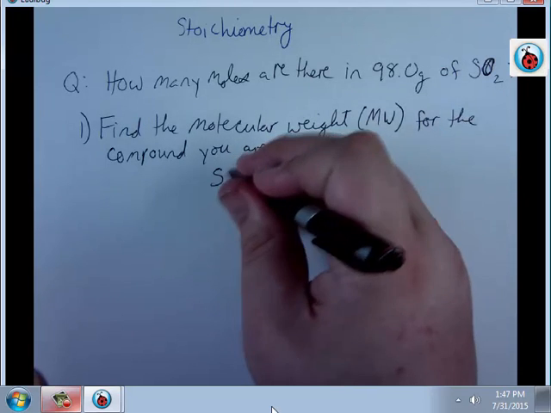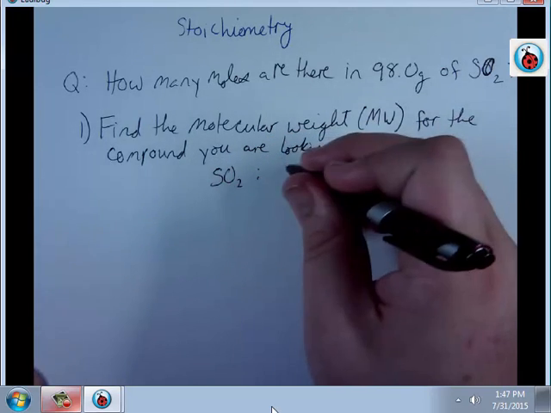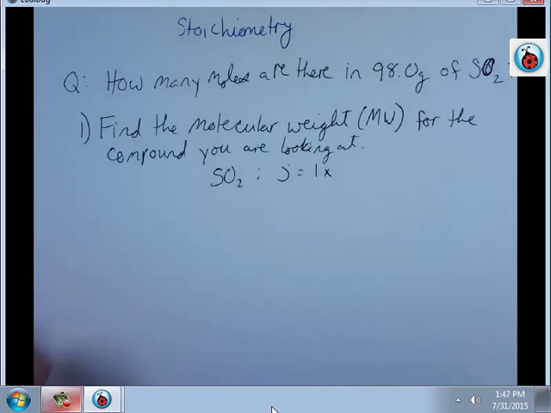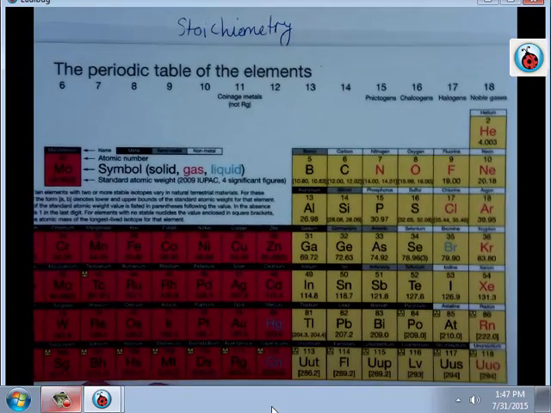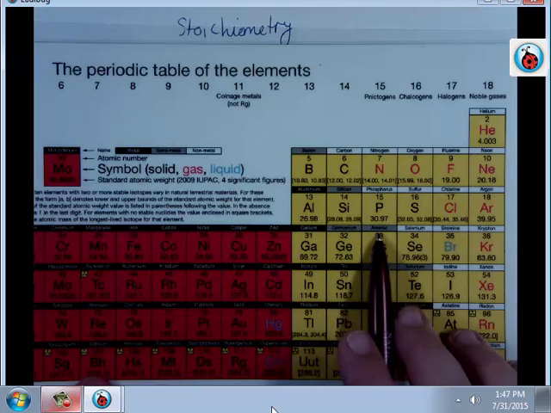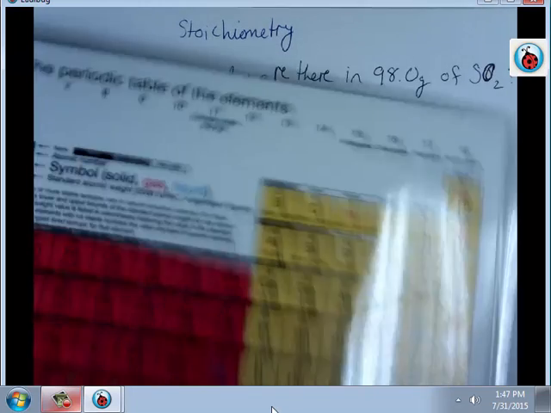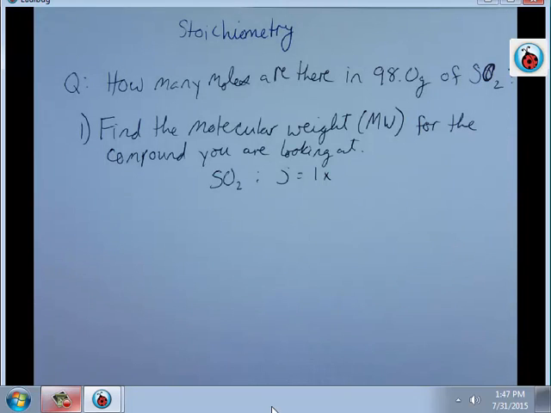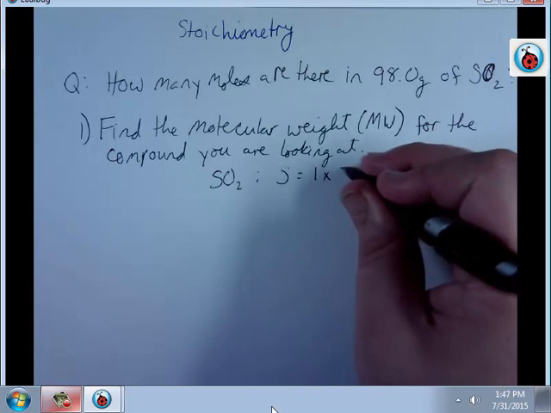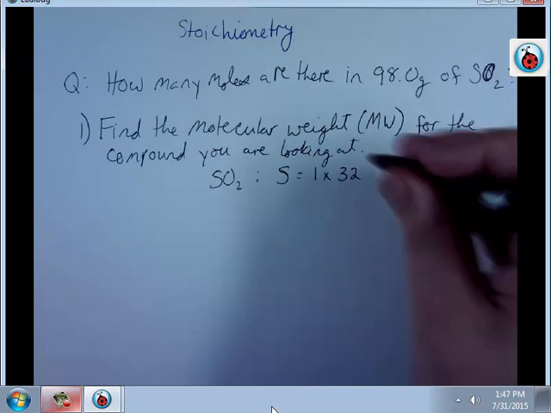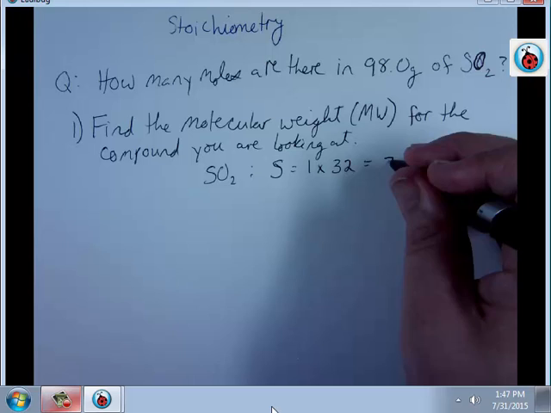So we have SO2. Well, we have one S, and according to the periodic table here, S has a mass of about 32. That's a capital S there. So that's 32 grams per mole.